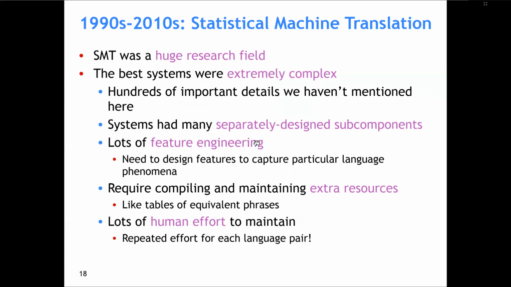Right, and usually the system has many separate design components. Maybe some components work on direct word translation, or maybe, as we have introduced, dependency parsing may be helpful for machine translation.